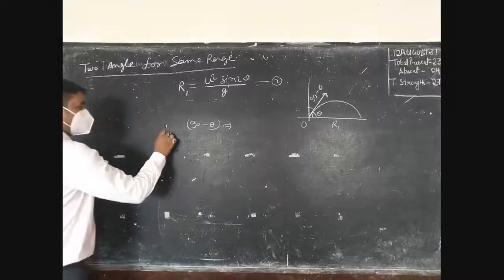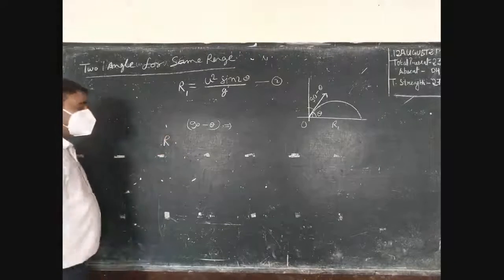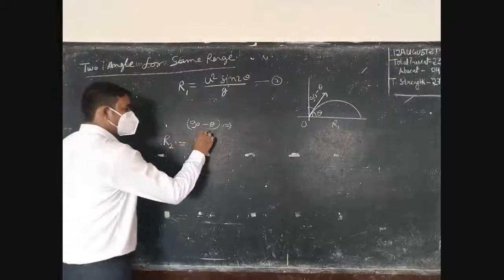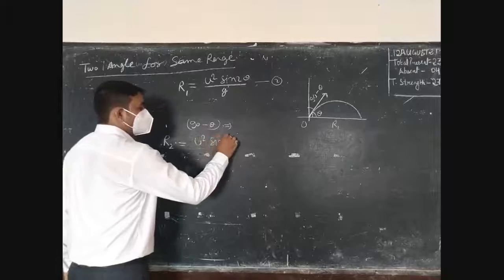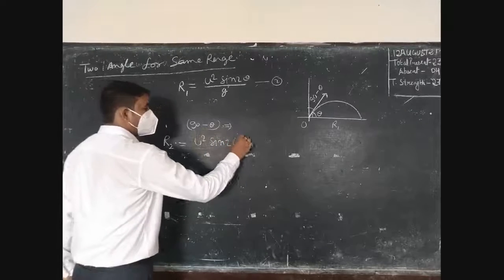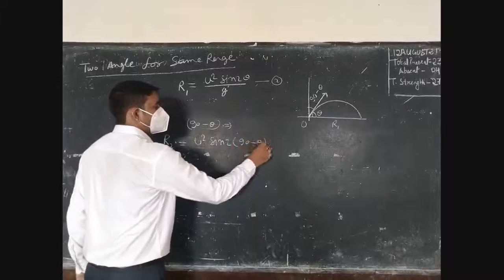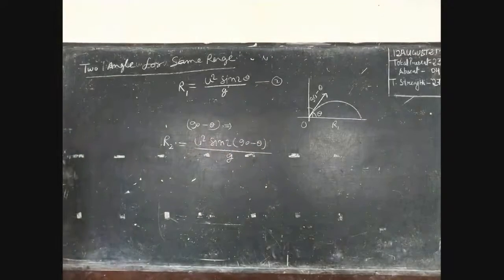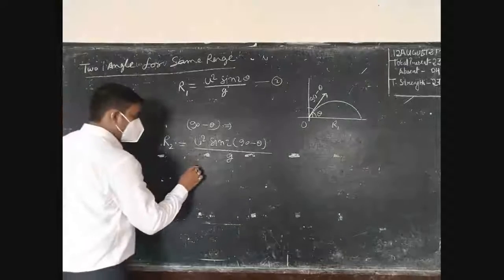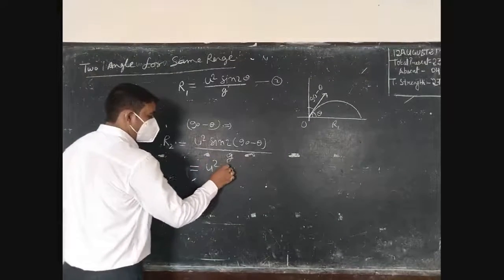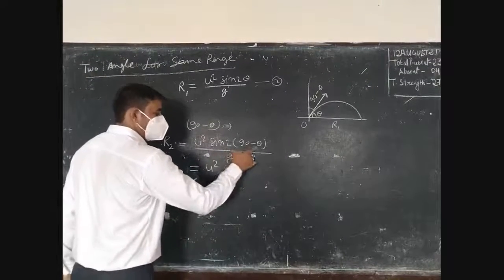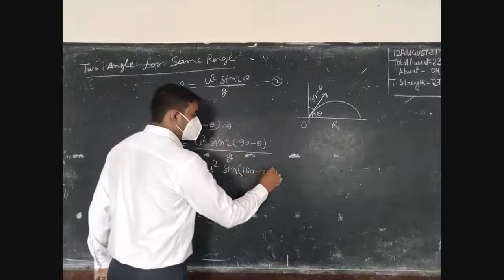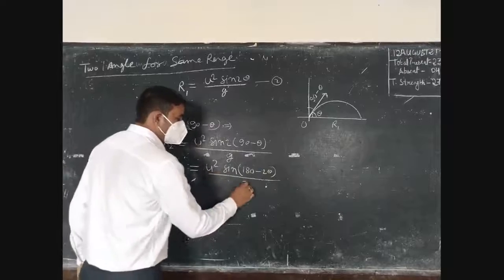Then we get the range covered by the projectile as u square sine 2 (in place of theta just use 90 minus theta) upon g. Clear? Now this 2 multiplies inside the bracket, and you will get u square sine of (180 minus 2 theta) upon g. Clear?